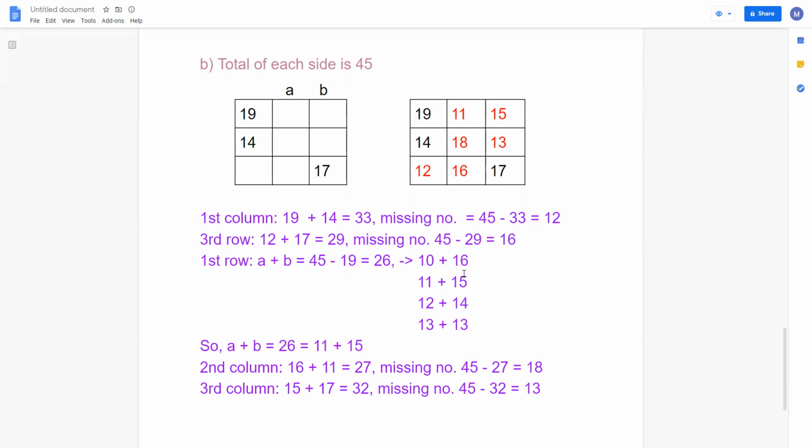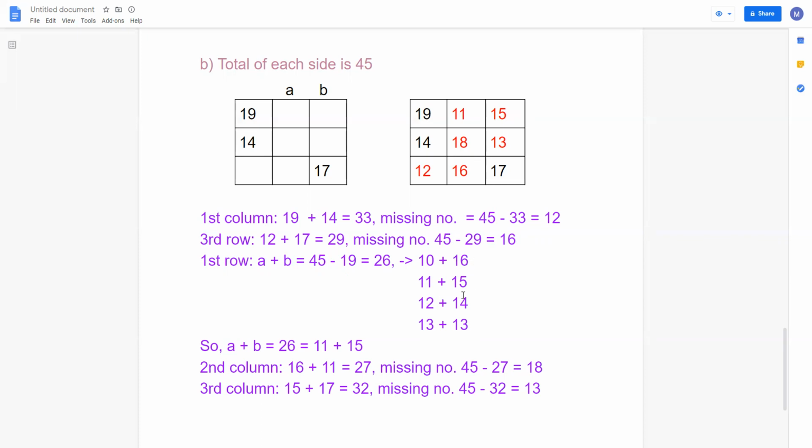So 10 plus 16 equals 26, but 16 already came here, so this pair we cannot take. Another pair is 11 plus 15, which is also 26, 12 plus 14 is also 26, 13 plus 13 is also 26. So four pairs of numbers are there. Out of that we have to select the suitable one for our question. So 10 plus 16 we cannot take because 16 already came.